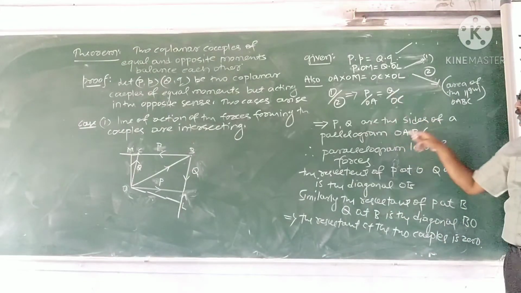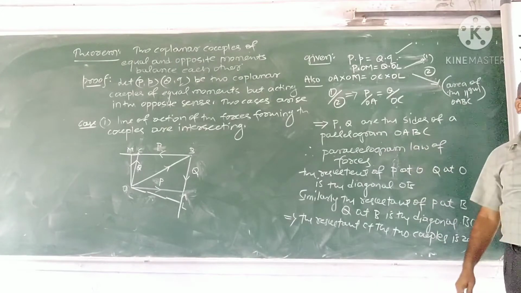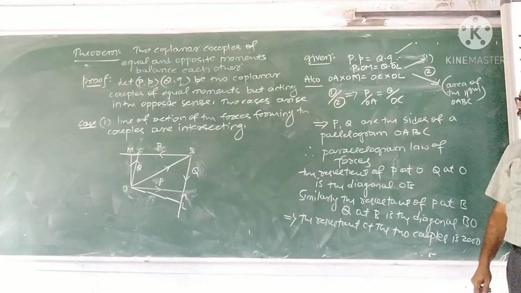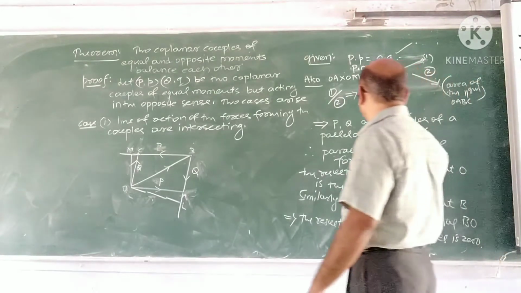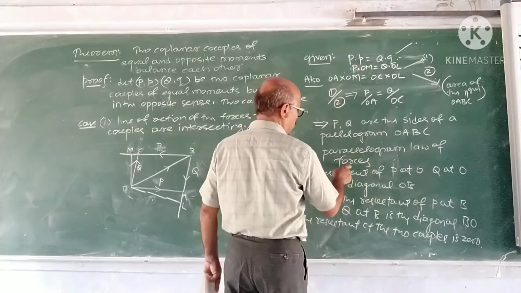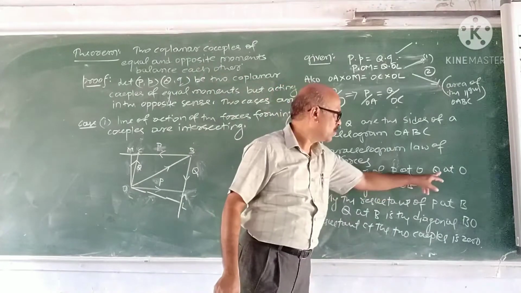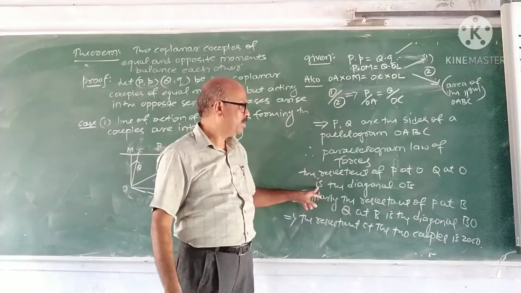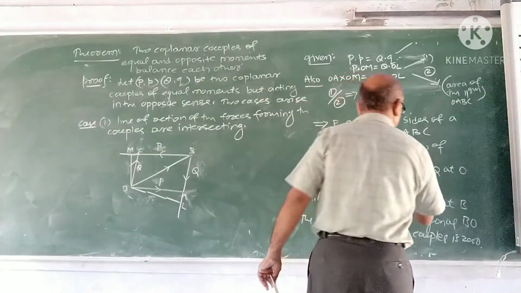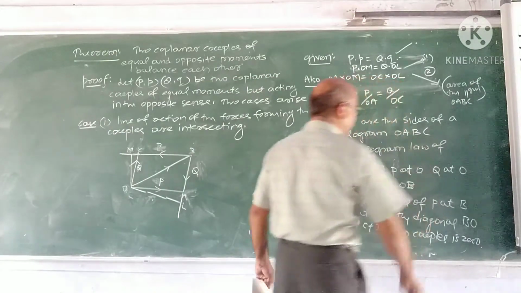P, Q are the sides of a parallelogram OABC. Therefore, by parallelogram law of forces, the resultant of P at O, Q at O is the diagonal OB.